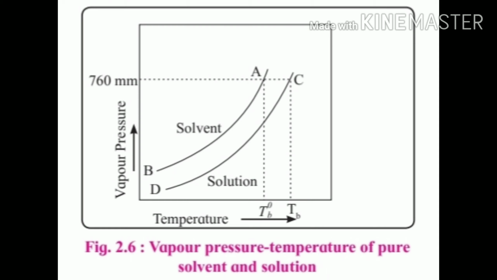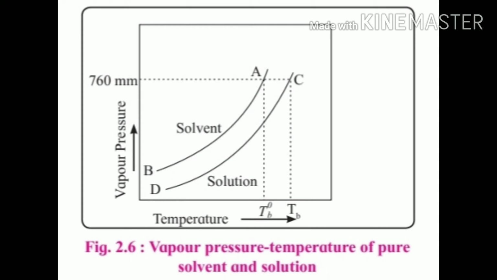Why is this so? Because we know that when a liquid boils, its vapor pressure becomes equal to 1 atmospheric pressure. Okay, so if you look here, the vapor pressure temperature curve of solution is below to that of solvent, right? So we need to heat the solution more as compared to that of solvent, so that its vapor pressure becomes equal to that of the atmospheric pressure.